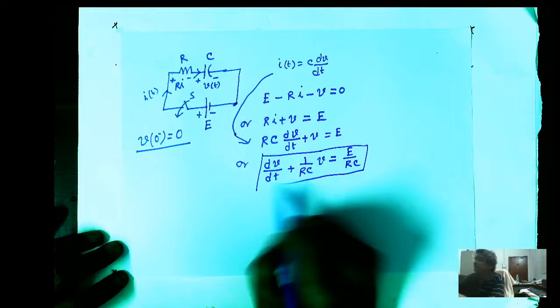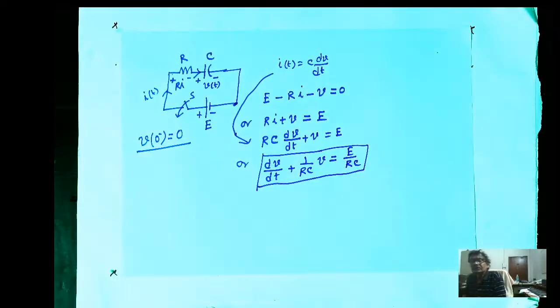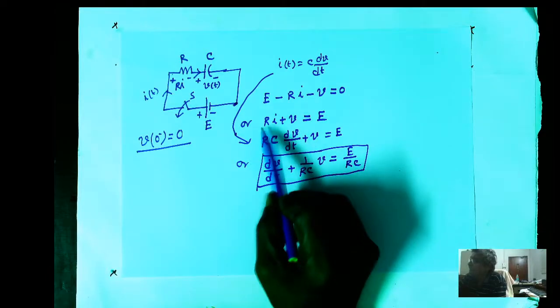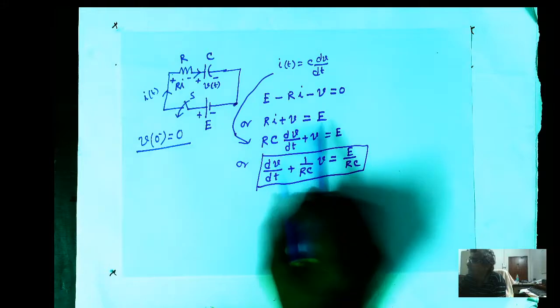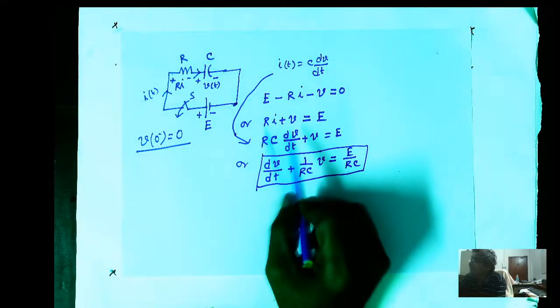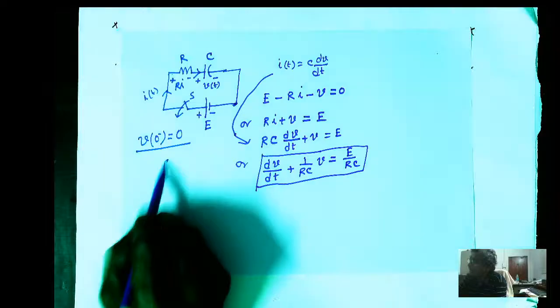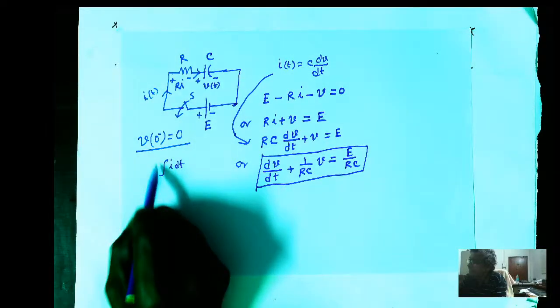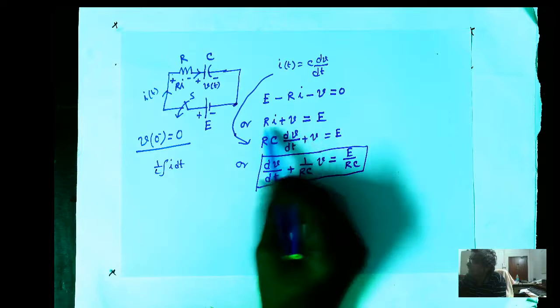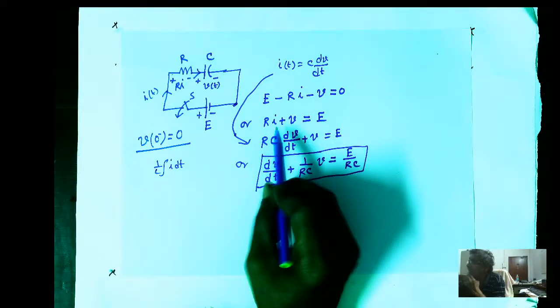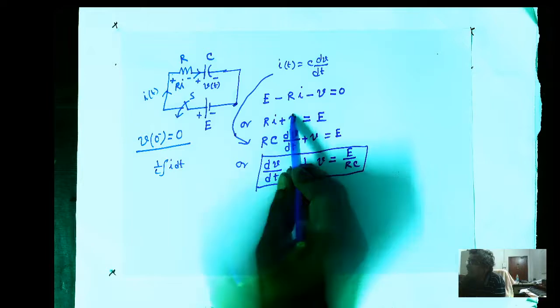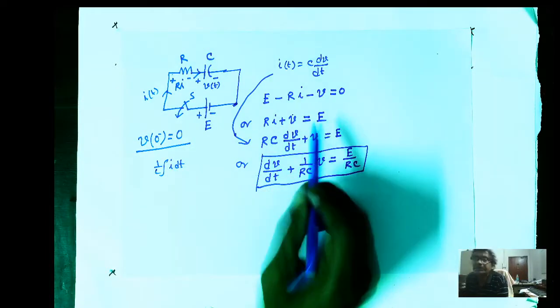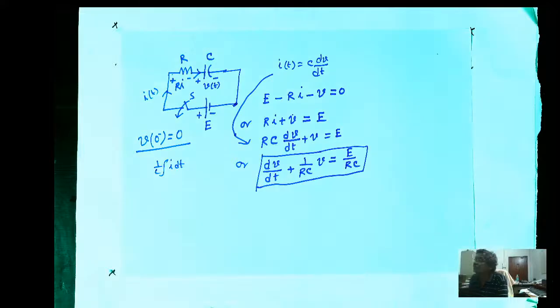Always try to get a differential equation. Don't try to get an equation where an integration term is also there. For example, here for Ri, suppose I want to write down the KVL equation in terms of I only, then the voltage across the plate of the capacitor I should have written as integral of I dt by C. Then it will be an equation involving I only in place of V. But this is not a differential equation; it involves integration.